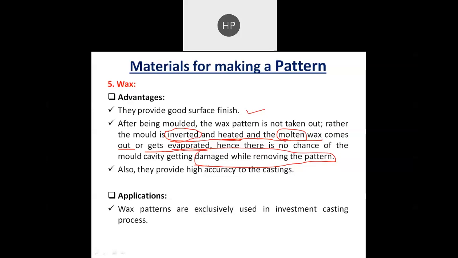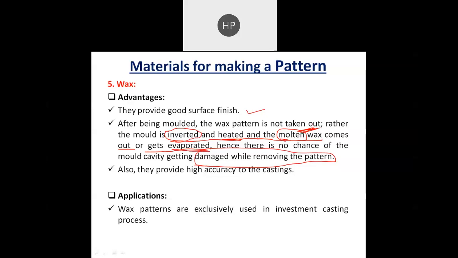During that removal of the pattern, there may be a chance that it will damage the cavity. But here we convert the wax into molten form so that it can be easily removed, or even in some cases it will be evaporated, so that it is easily removed without damaging the mold.